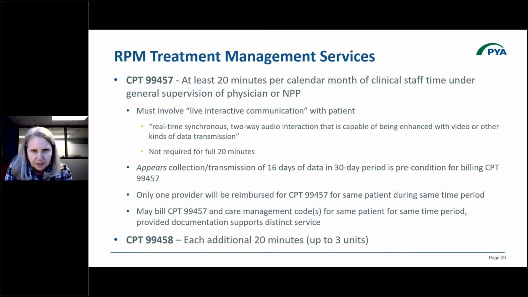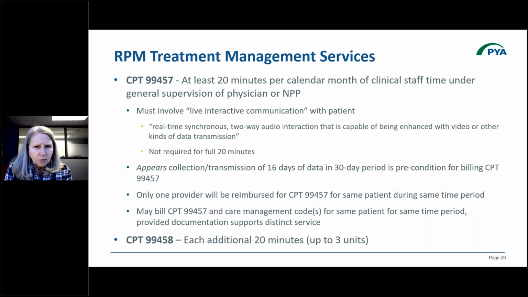CMS once again made clear that only one provider will be reimbursed for 99457 for the same patient during the same time period. And you may bill 99457 and other care management codes, so principal care management, chronic care management for the same time period, but you have to be clear that the documentation supports the distinct services.